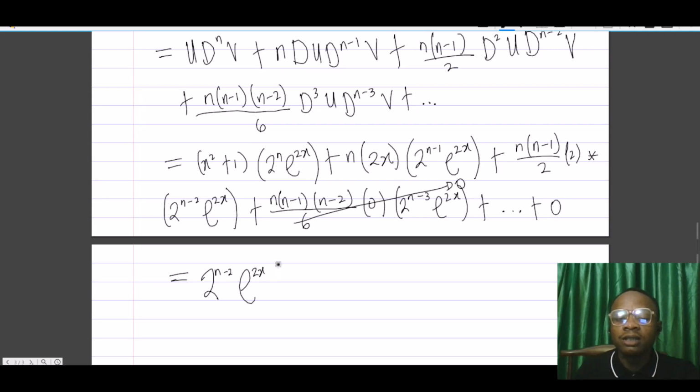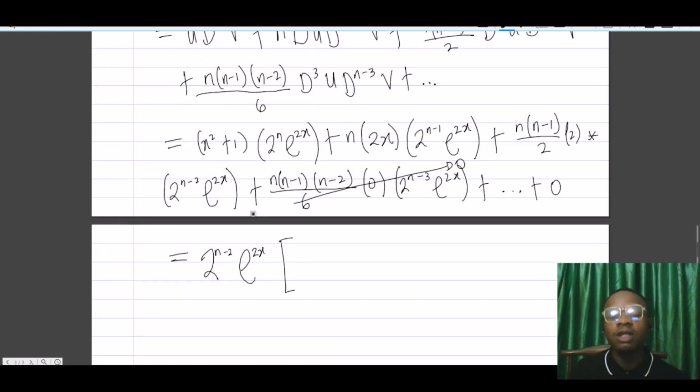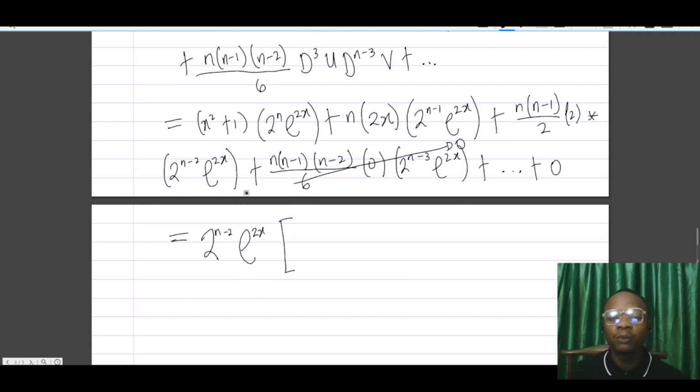Okay, and then let's see how that affects every other thing we have here. We moved out 2 to the power of n minus 2. So it should be that by the time we bring that back in, it will give us this expression here. Let's see how this works now. If we have here 2 to the power of n, so if we moved out 2 to the power of n, to give us this expression.